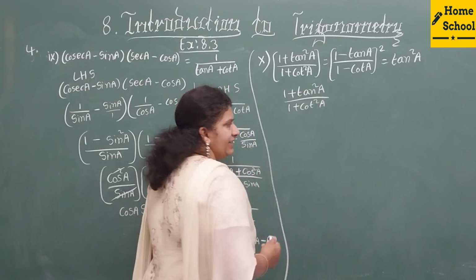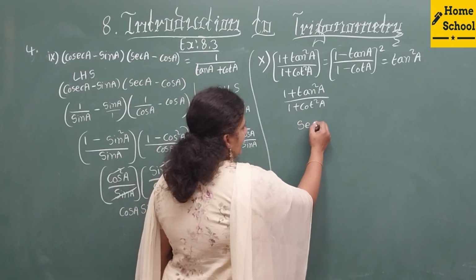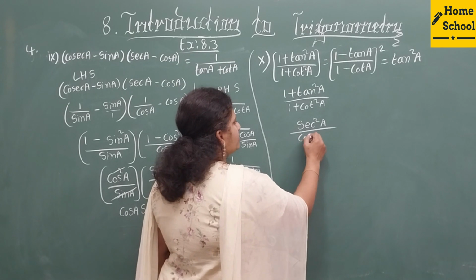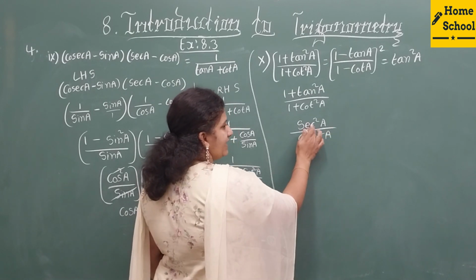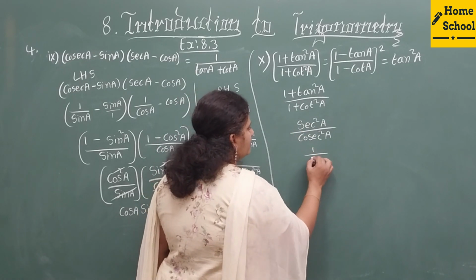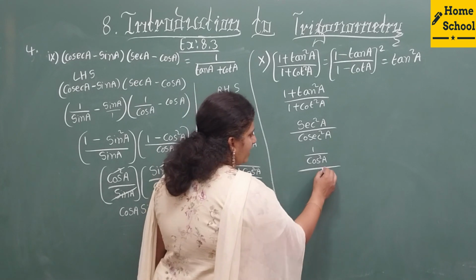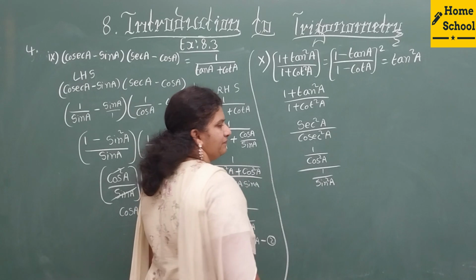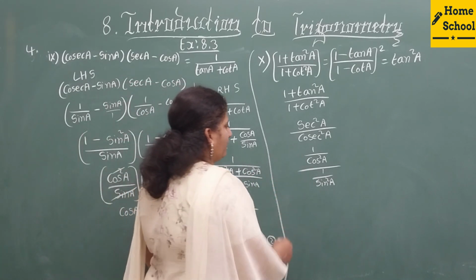We know by identity 1 plus tan square A is secant square A and 1 plus cot square A is cosecant square A. Right? Now secant square A, again you write it as 1 by cos square A. Cosecant square A you can write it as 1 by sin square A. 1 by sin square A, do reverse and then multiply.